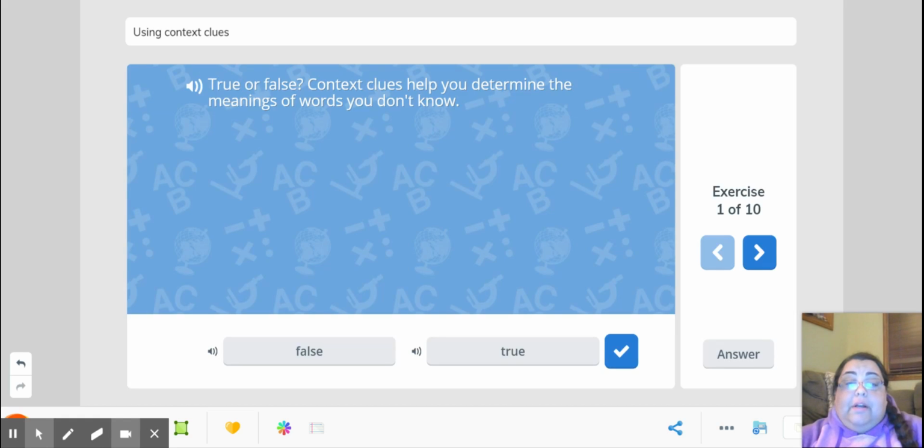True or false? Context clues help you to determine the meaning of words you don't know. Let's give 15 seconds to come up with our answer.